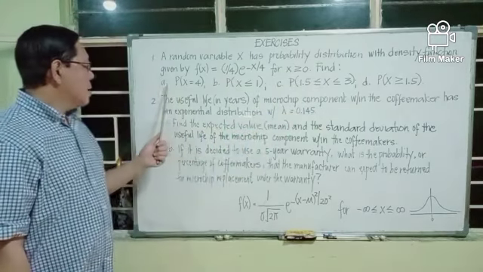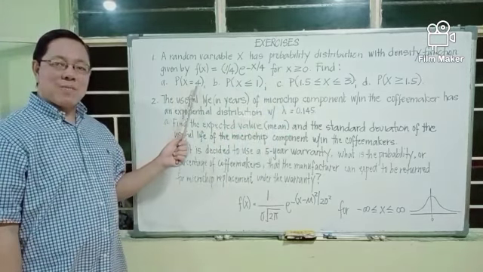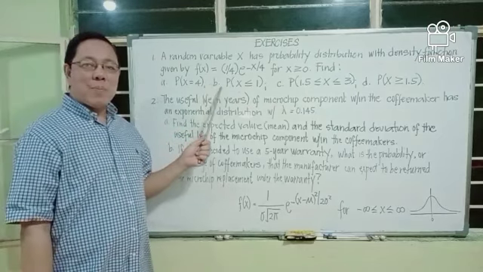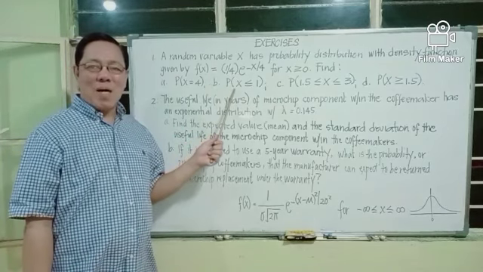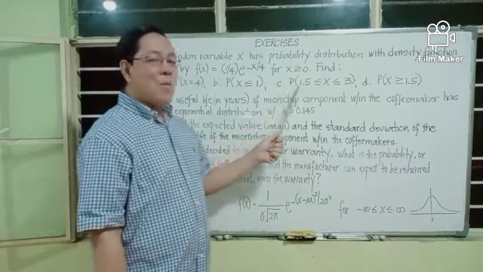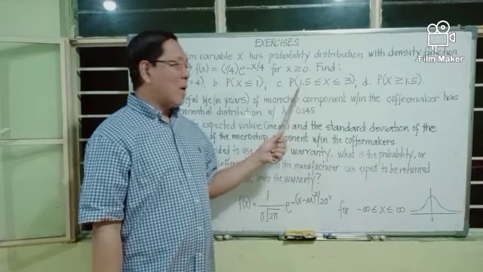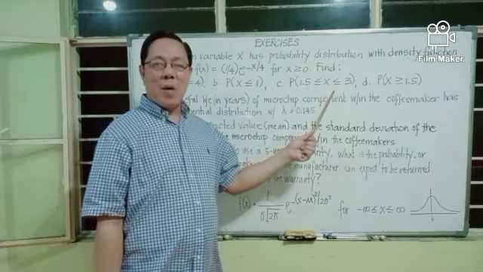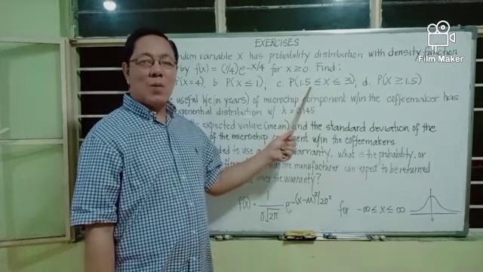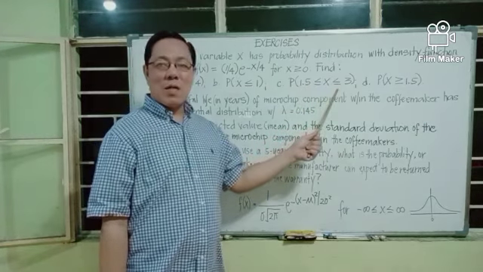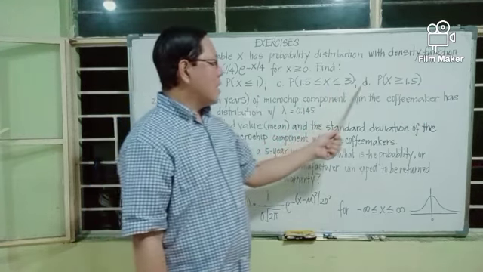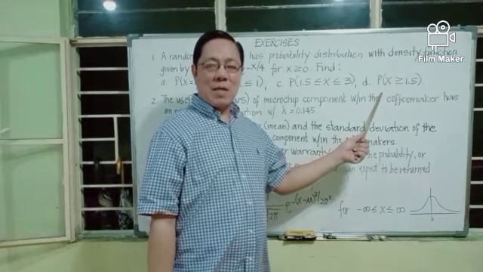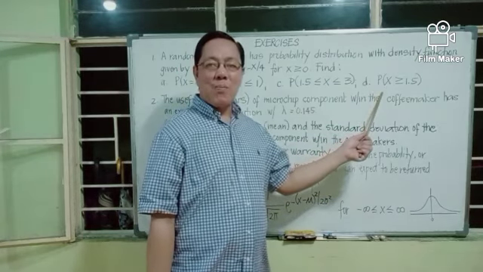Find letter A, probability x equals 4; letter B, probability x is less than or equal to 1; C, probability x is between 1.5 and 3, that is, probability x is greater than or equal to 1.5 but less than or equal to 3; and letter D, probability x is greater than or equal to 1.5.